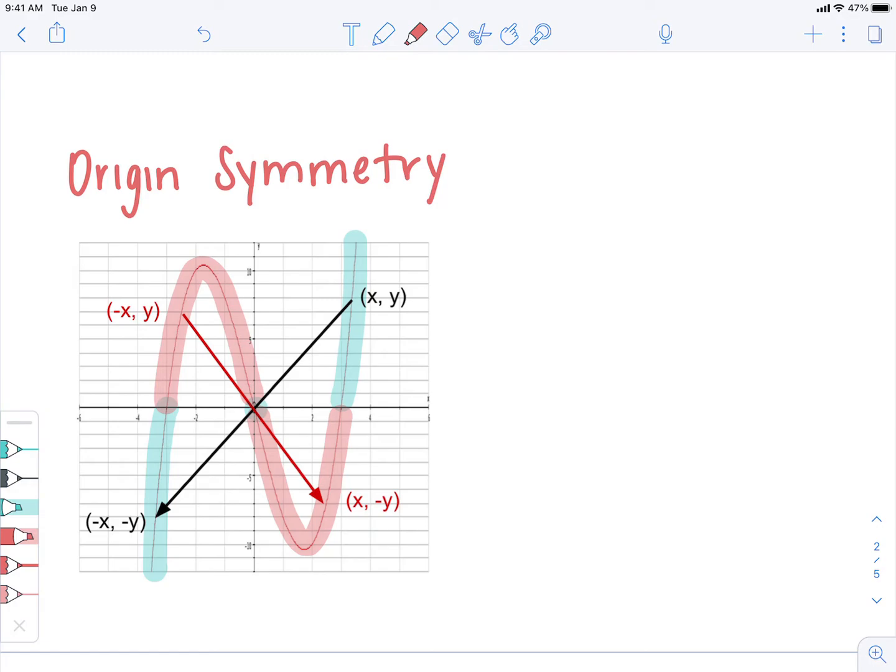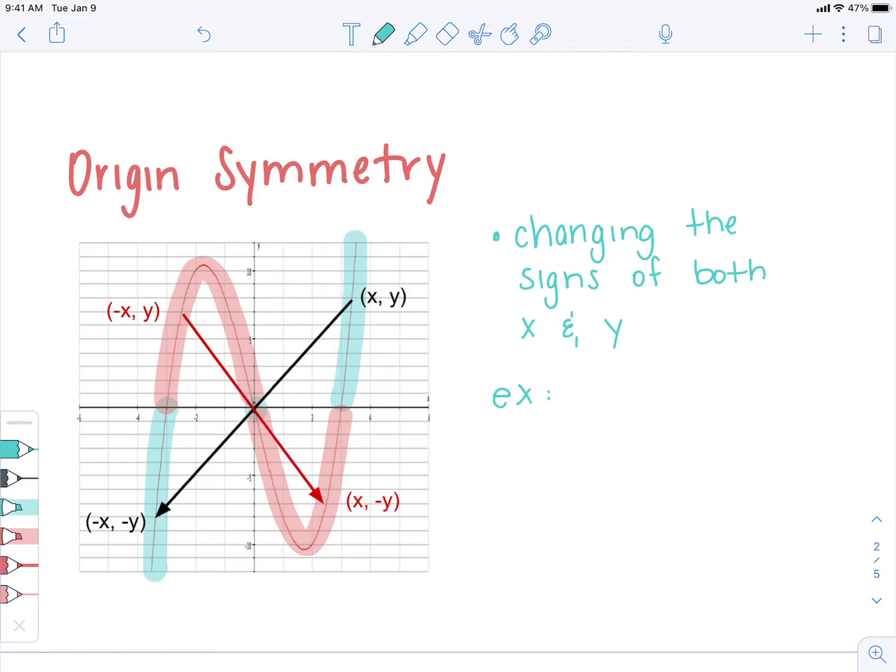So I'm changing the sign of both my x value and my y value this time.